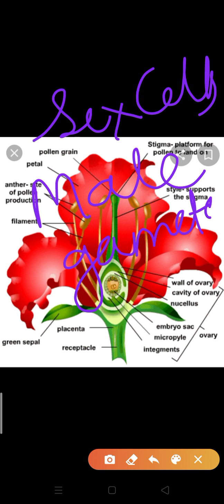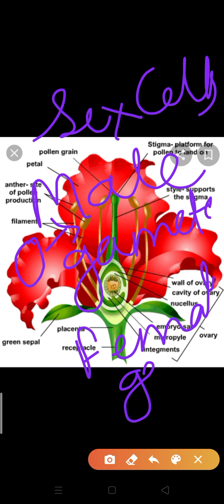So inside the pollen grain the male gamete works as the male sex cell, and inside the ovary it works as the female gamete. Clear? Female gamete. That is known as the sex cells. When the male gamete combines with the female gamete, this process is known as sexual reproduction.